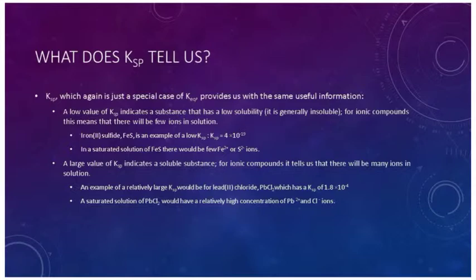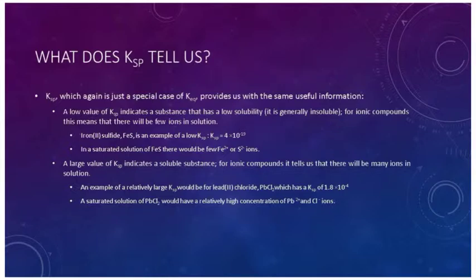So for example, iron(II) sulfide, FeS, is an example of a low KSP, with a KSP of 4 times 10 to the negative 19. In a saturated solution of FeS, there would be few Fe2+ and S2- ions.